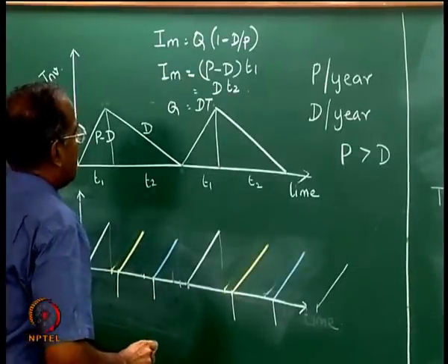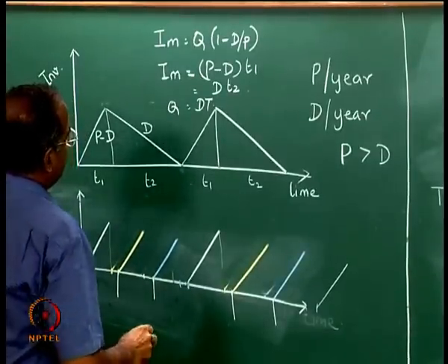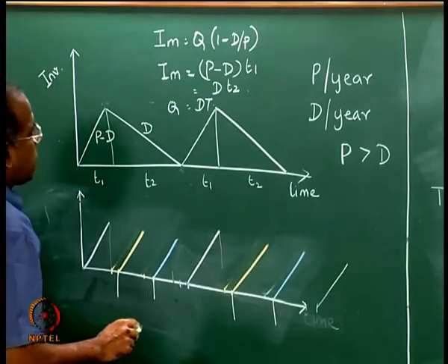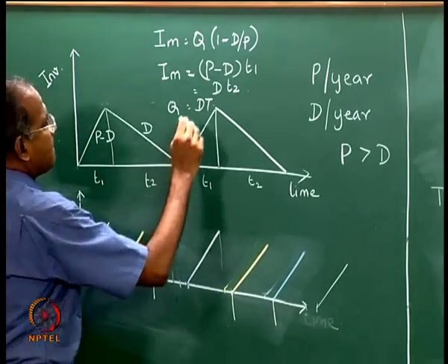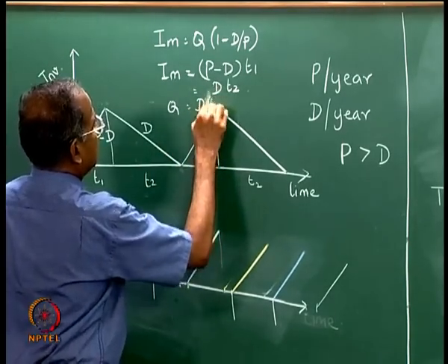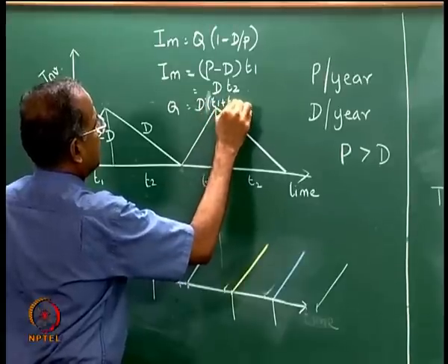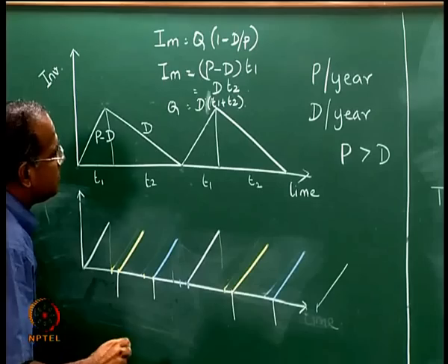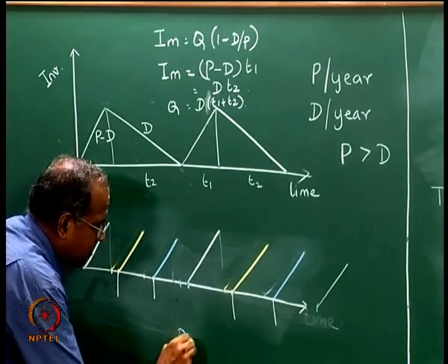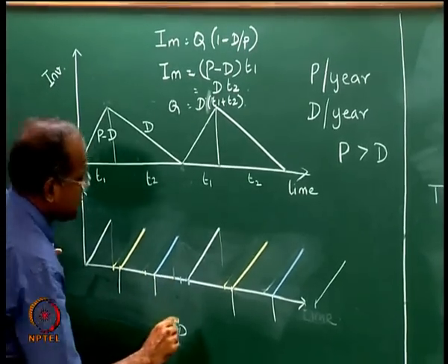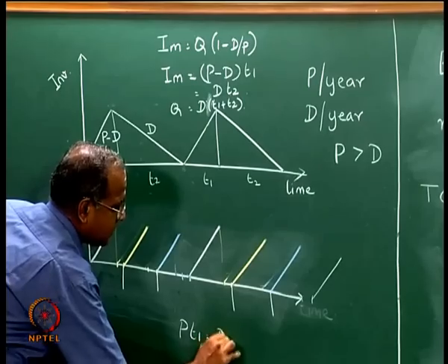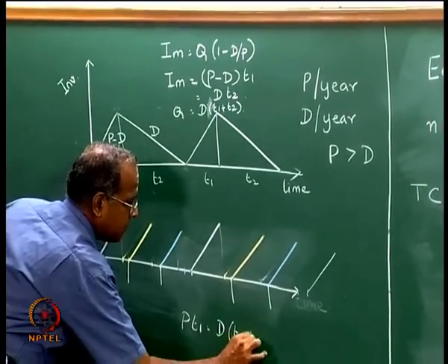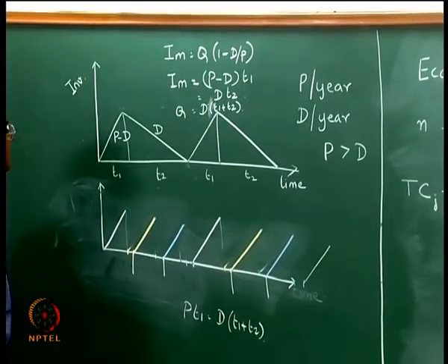So, P minus D into T1, so P T1 is equal to D into T1 plus T2.